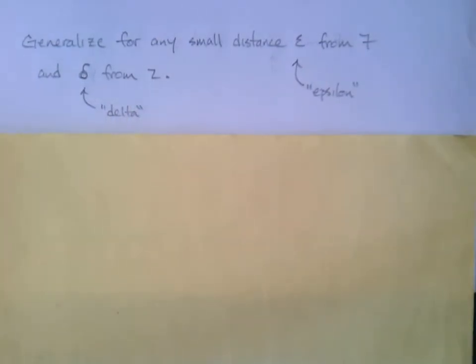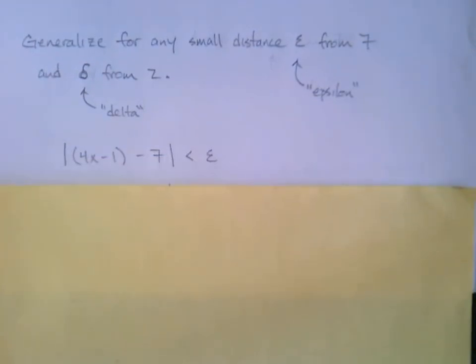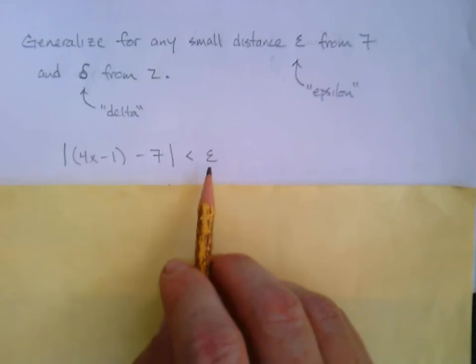So what would this look like if we wrote it out? Again, we're sticking to that same example, still using 4x minus 1, that same limit equaling 7, as x approaches 2. So here's what it would look like for any small distance epsilon. Before we were using 0.1 away from 7, and we had a 0.1 here.